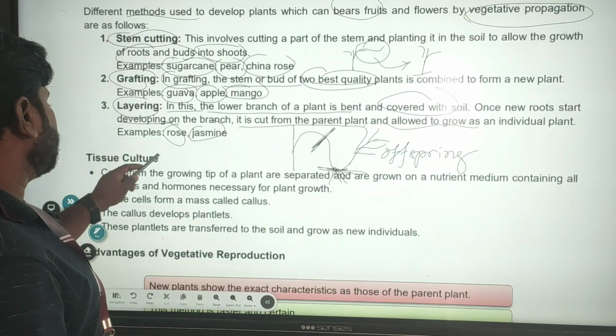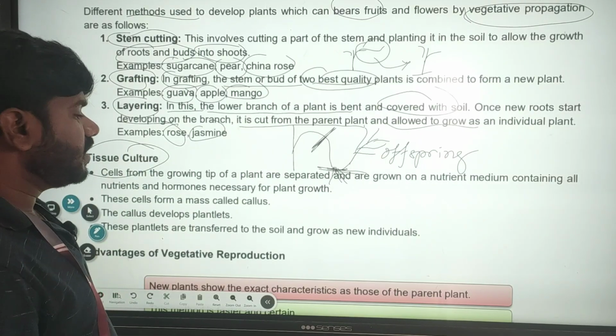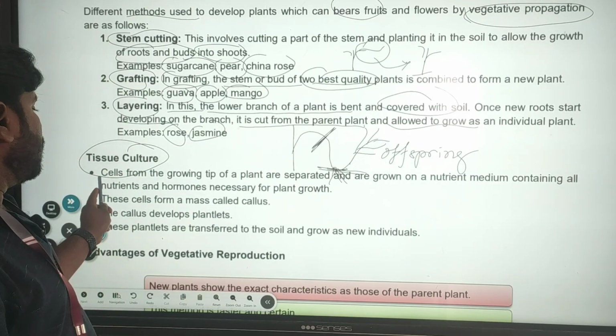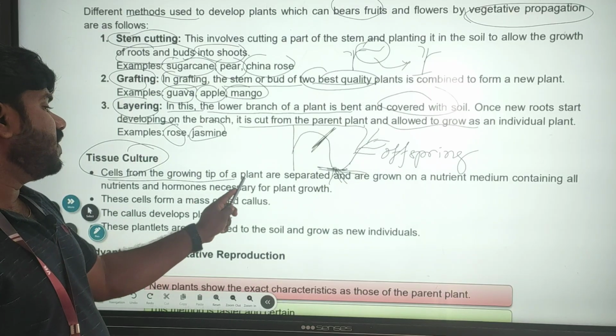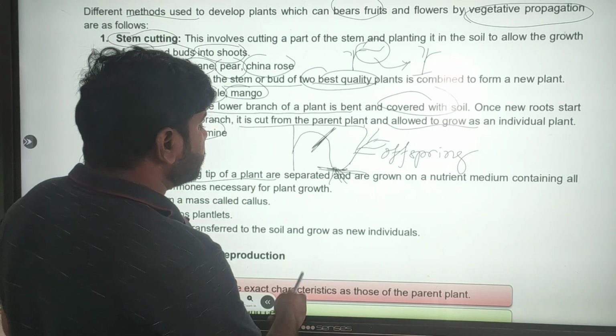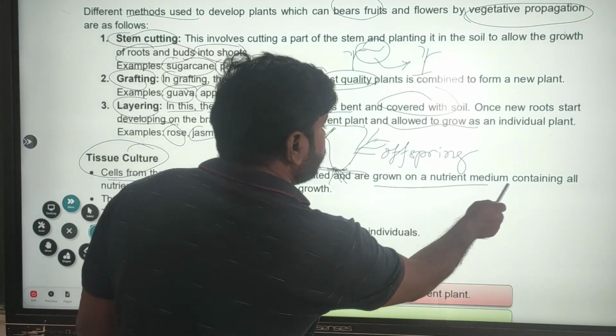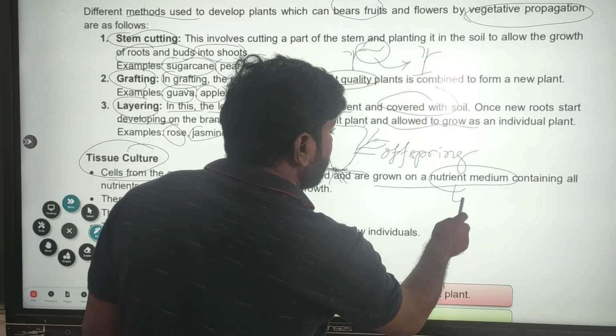Okay. Next, tissue culture, a very important point. In tissue culture, cells from the growing tip of a plant are separated and grown on a nutrient medium. What is a nutrient medium?